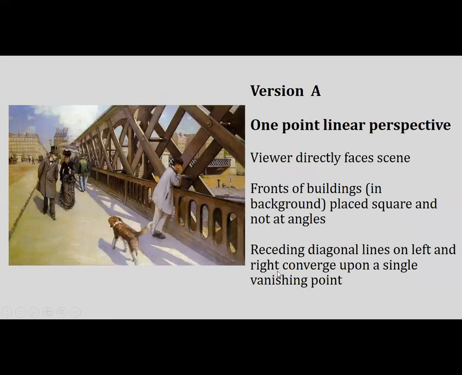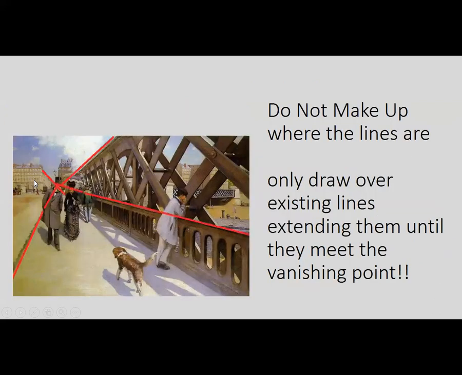And then the receding diagonal lines on the left converge upon a single vanishing point, and those on the right converge upon that same vanishing point somewhere in the distance. So let's break this down more specifically.